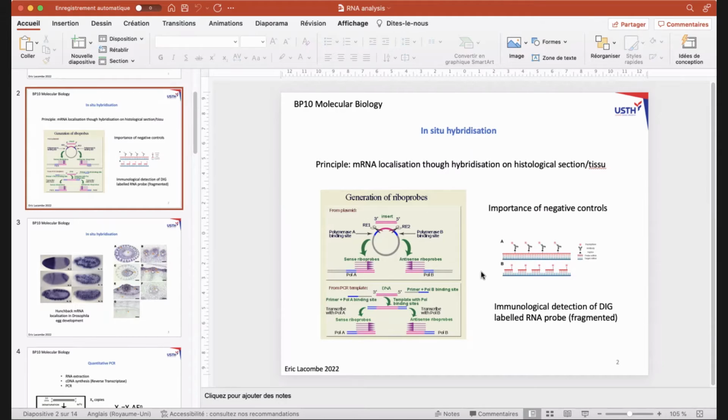To have a good control experiment, we make one probe that is specific to our target and one probe that has exactly the same sequence as the target, so it will never hybridize and you will have the level of the background of the experiment. Is it okay? It's a very short summary, but I think you may be able to understand the idea. Is it fine?